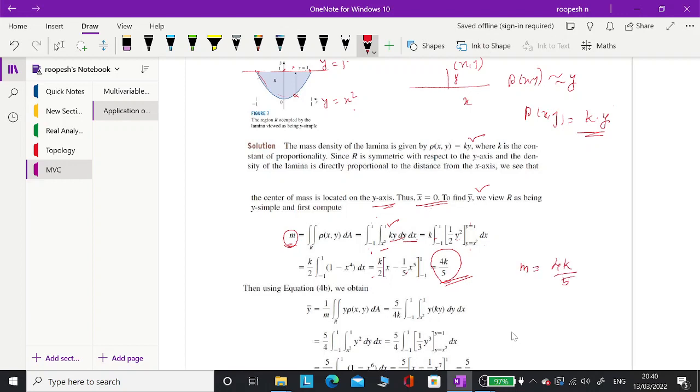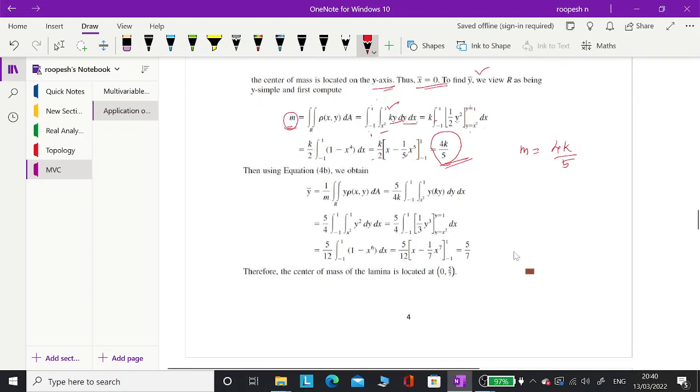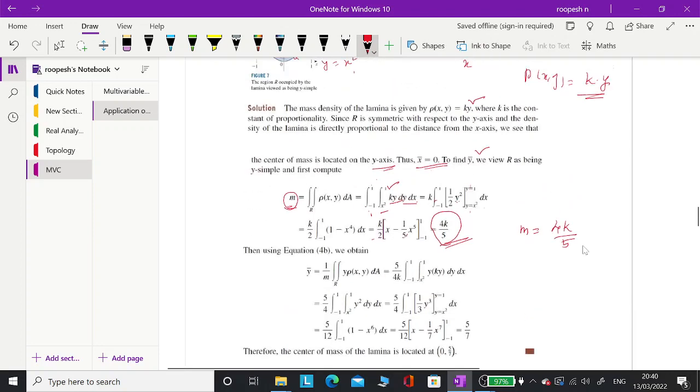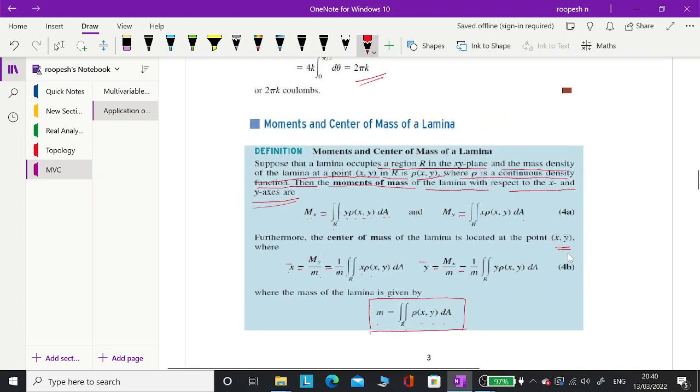Right. Now we want to find what is your y bar. So y bar is given by formula: y bar is equal to mx by m, that's equal to 1 by m into double integral over r y rho xy dA.